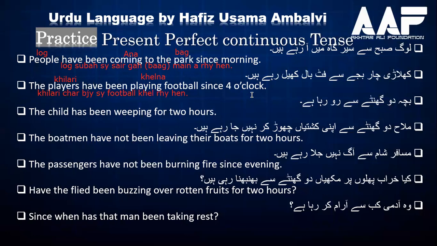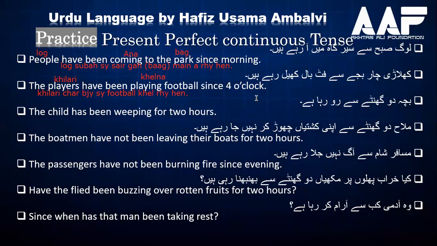After that, the object, then the verb, and after the verb you write the sentence influence to get the idea of which time you are talking about. So the players have been playing football since 4 o'clock means खिलाड़ी 4 बजे से football खेल रहे हैं.